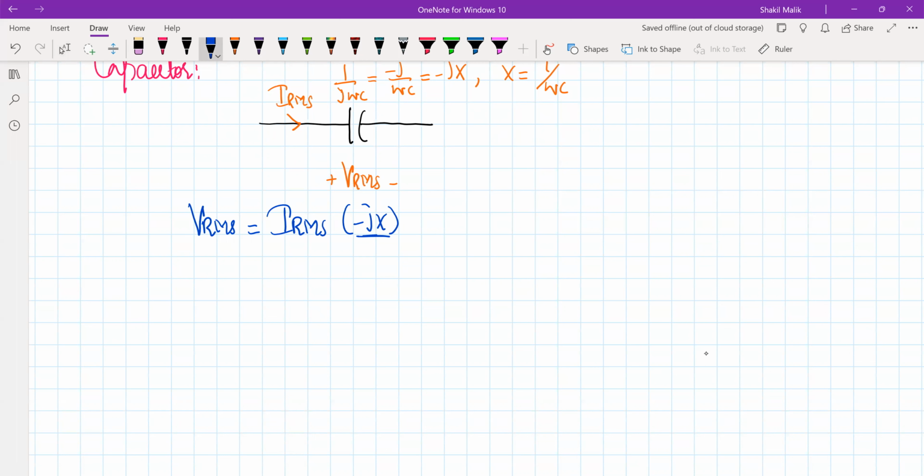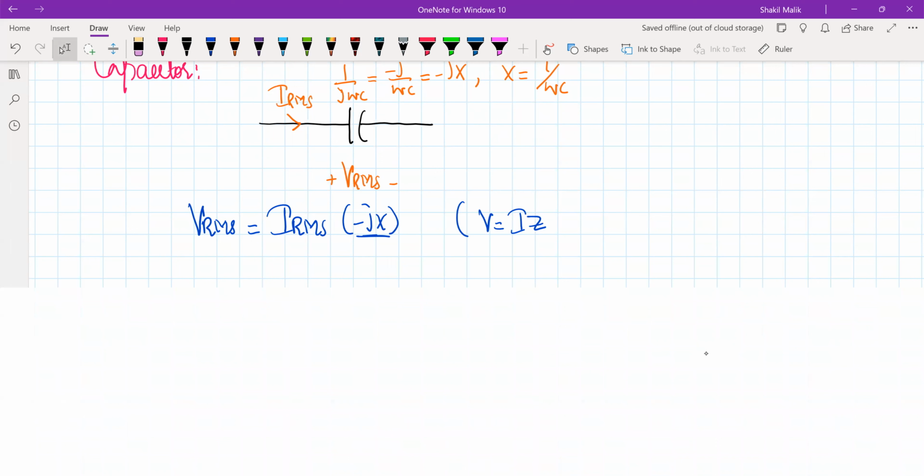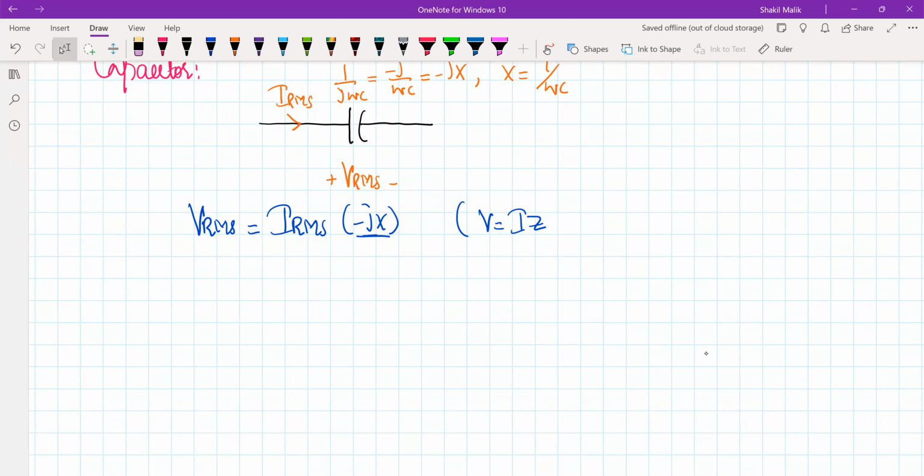This is the impedance, because Ohm's law says V is equal to IZ, where Z is simply minus jX. Okay, so what is the meaning of this? This simply says it is I RMS times X times minus j, and minus j is simply minus 90 degrees.